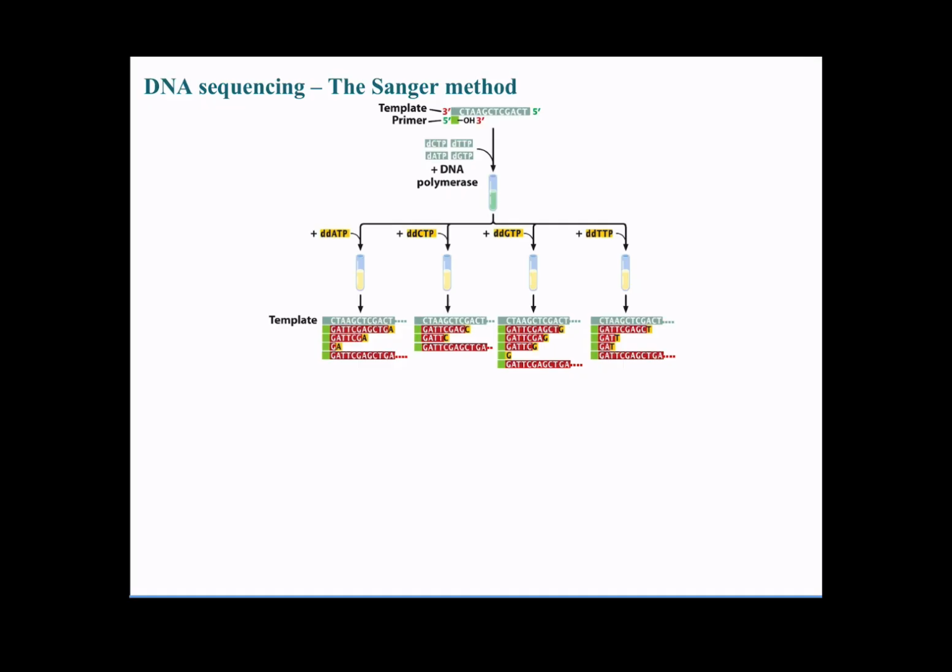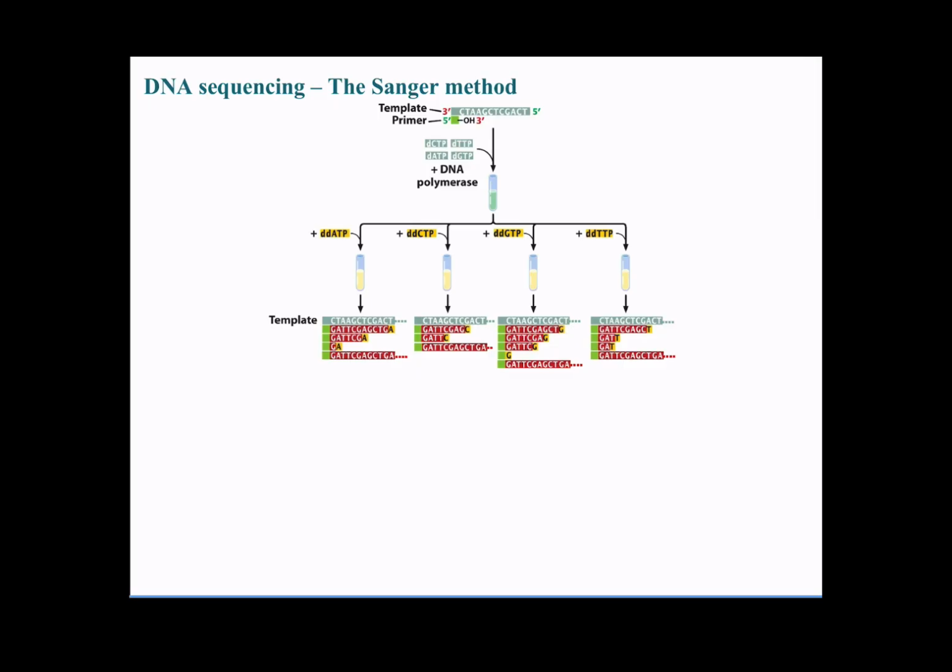In other words, in this first tube, we have a mixture of regular dATP and some dideoxy ATP. In this third tube, we have mostly regular GTP, but some dideoxy GTP and so forth. What we'll have is in each tube, there's going to be a mixture of fragments of various sizes, each of them ending at the corresponding letter for which we had one of these weird dideoxynucleotides. Right?